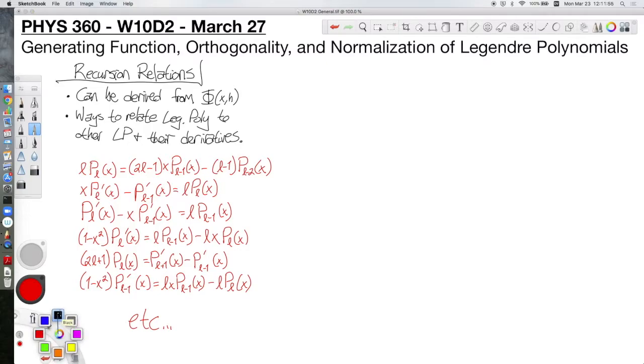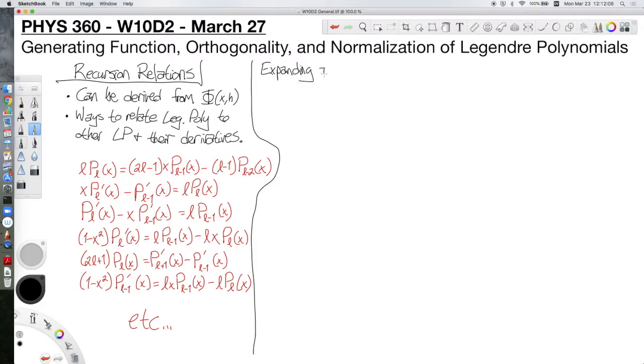Another use we could have for the Legendre polynomials is expanding a potential. Specifically, expanding a potential of the form V equals K over d.